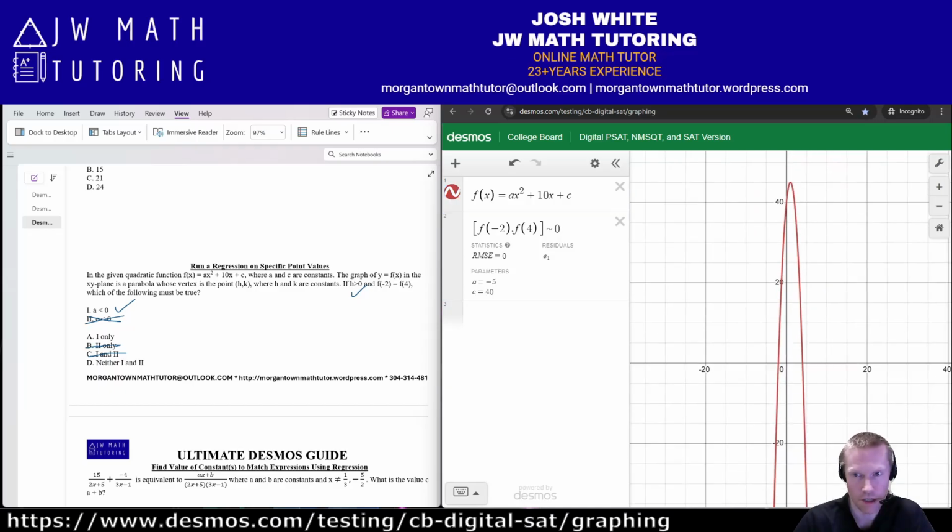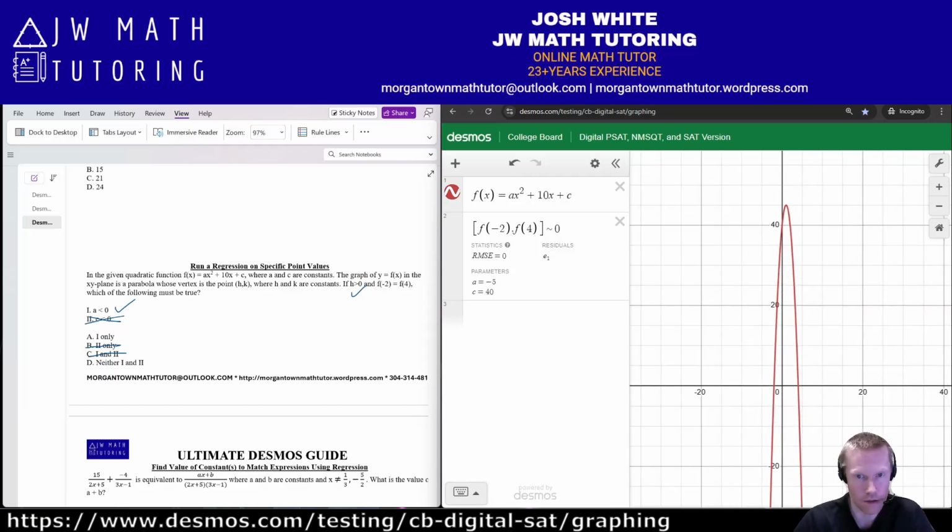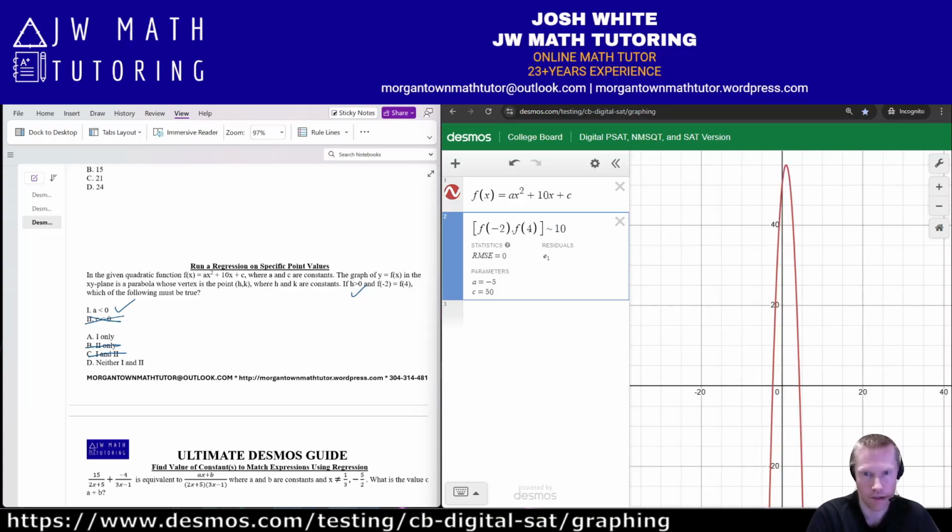And so notice here, now what I'm doing is picking specific values for f of -2 and f of 4. If they're both equal to 0, notice we still get a negative a value. We do not get a negative c value, though, but we already ruled out that c has to be negative. Let's say I make this 10.